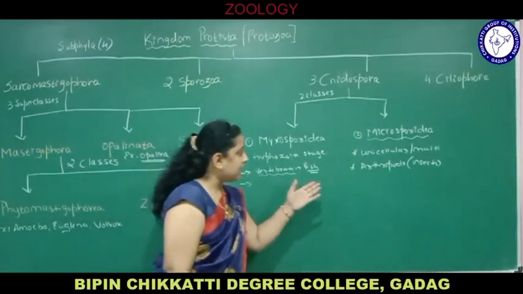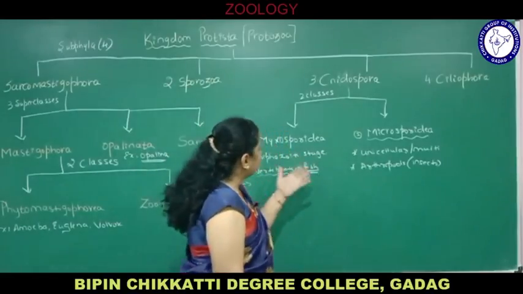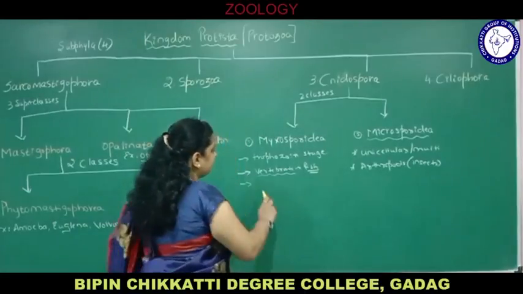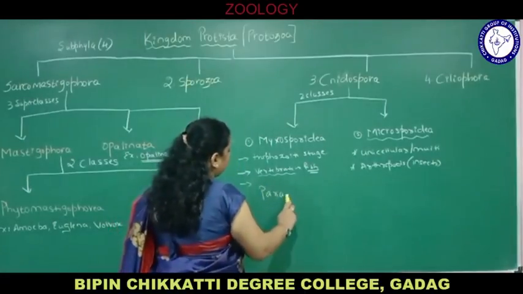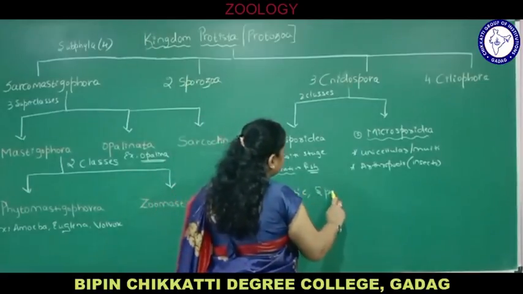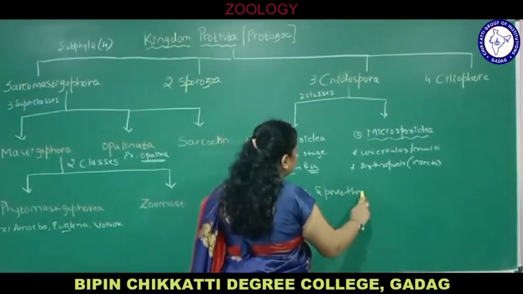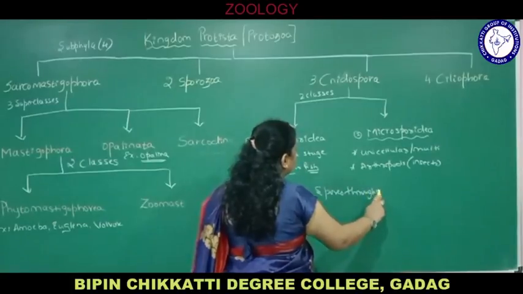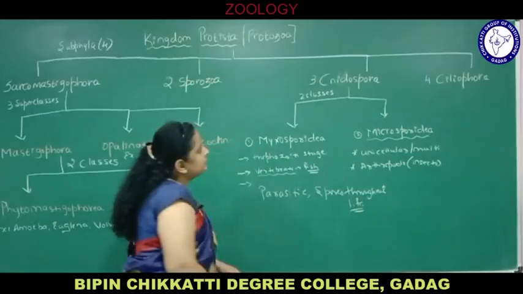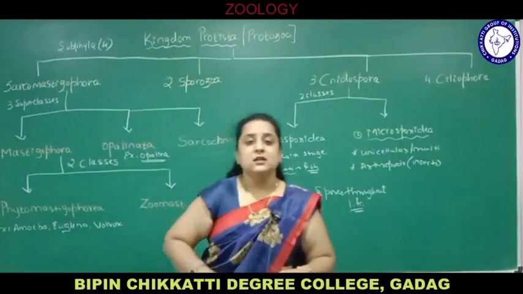So this is called the parasitic mode of nutrition, and almost all the organisms coming under this Nidospora are parasitic and they produce spores throughout their life.